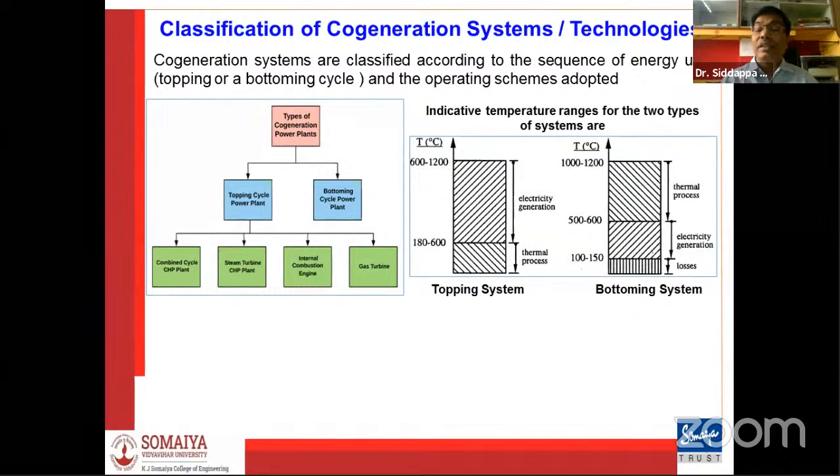In that case, the exhaust or waste heat coming out from such industries will have a higher potential, almost 500 to 600 degrees centigrade temperature. And this is one of the best sources for utilization of this energy for converting into a power output.